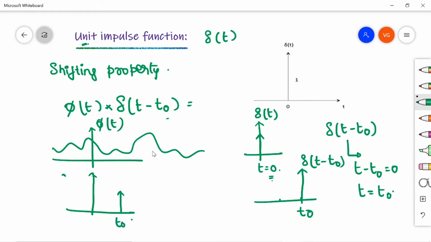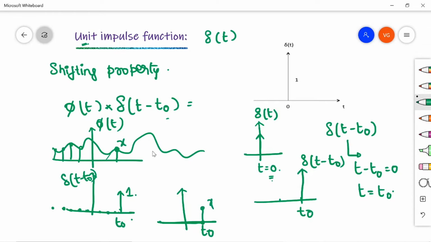If I multiply the amplitude at every point of phi of t with every point of del of t minus t naught, here it is 0. So till t naught, this will get cancelled. No signal will come. The resultant signal is 0 till t naught. Then what happens at t naught? This is a unit pulse. So whatever the amplitude, suppose the amplitude here is x, then x into 1 will be x here.